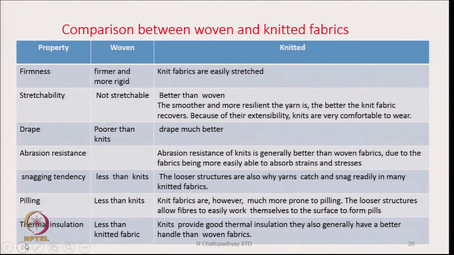So, what is the difference between woven and knitted fabrics if you now compare? Firmness wise, woven fabric is always much firmer. Knitted fabrics are not firm. Stretchability: woven fabrics are not stretchable unless we insert some elastic yarn, otherwise woven fabrics will not be very stretchable.